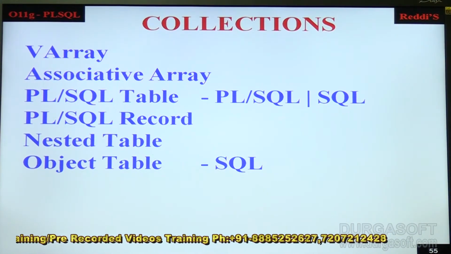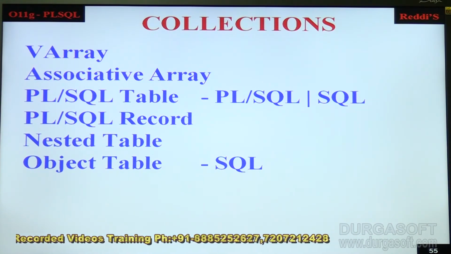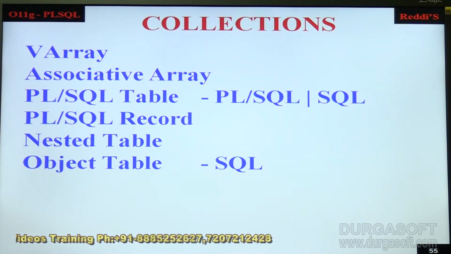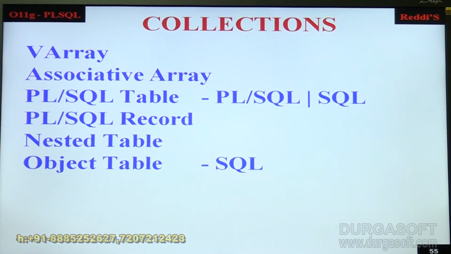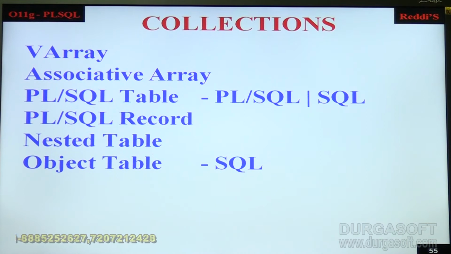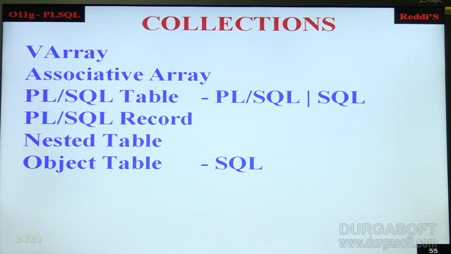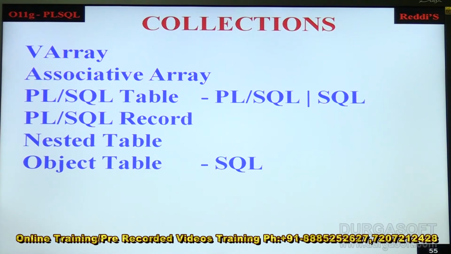So the associative array, the PLSQL table and nested table all are the same at PLSQL level. When it comes to the nested table, we have an object at SQL level, a separate nested table within SQL. The same PLSQL table is also called nested table in the releases in PLSQL. So when we refer to the nested table, we should refer to it in two different ways, one at SQL level, one at PLSQL level.